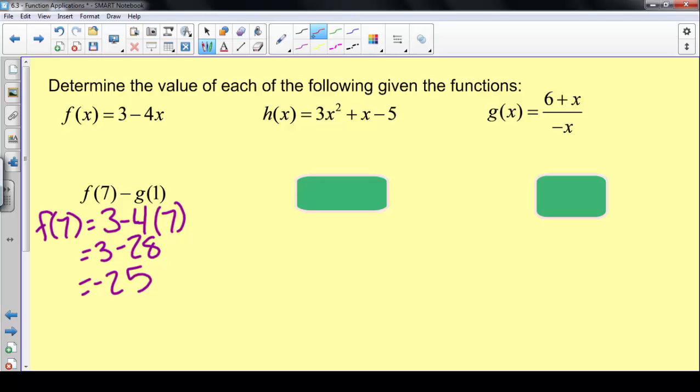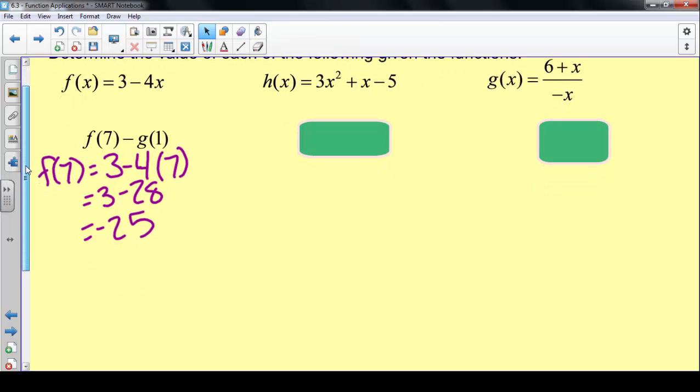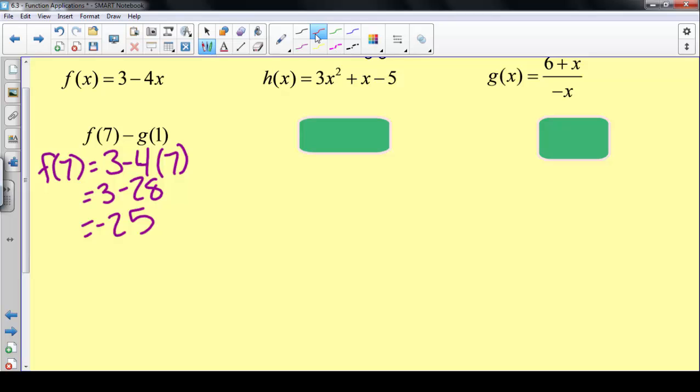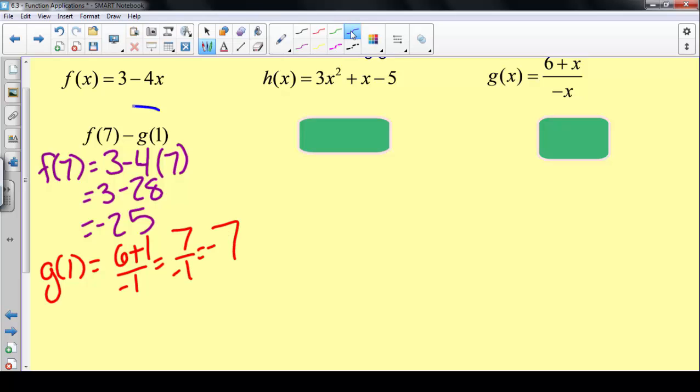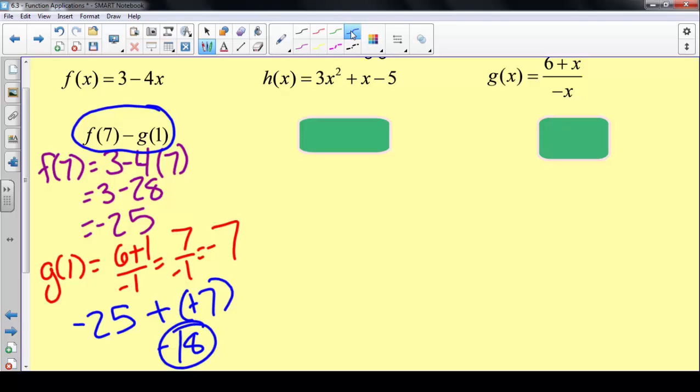And then g of 1, so we're going to use this one over here and just use g. That gives us -7. And now putting them together. So f of 7, which was negative 25, minus g of 1, which was negative 7. So minus a negative is plus a positive. So we have negative 25 plus 7 is negative 18.